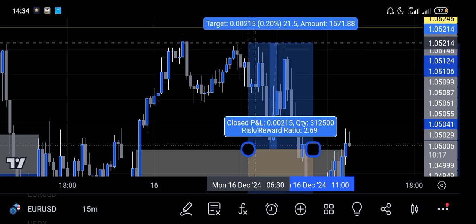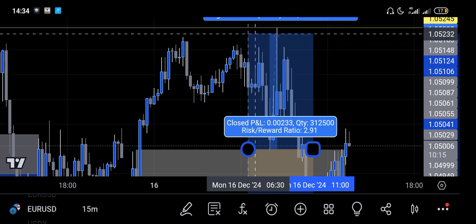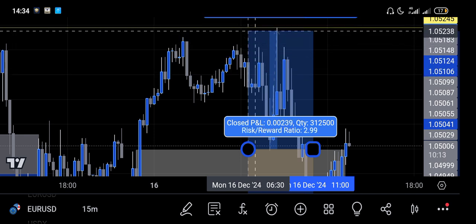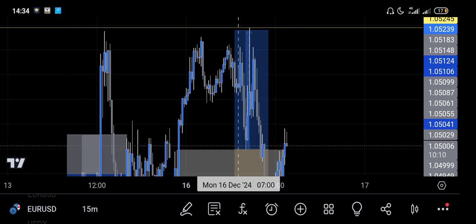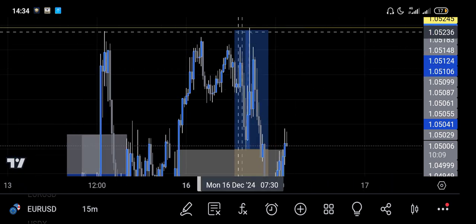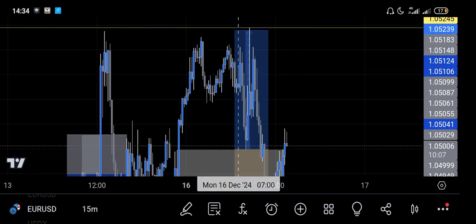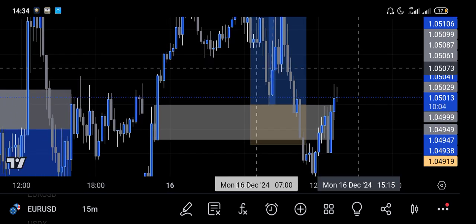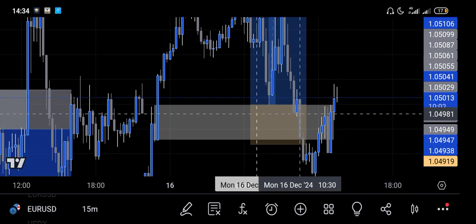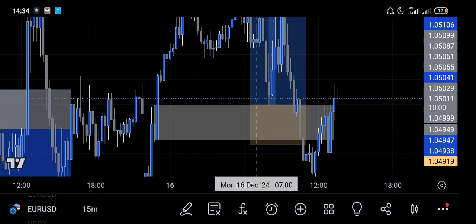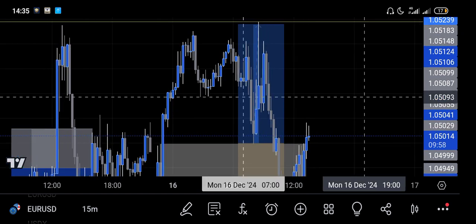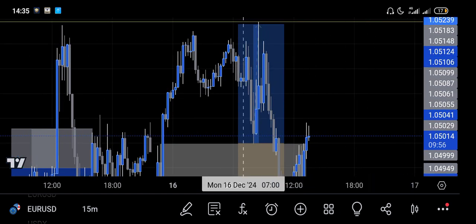But if we were pursuing these highs here, we'd have gotten at least a 1:3, which is usually our normal risk. So it's still the whole idea of the strategy: order block, then to the liquidity, to the next liquidity.